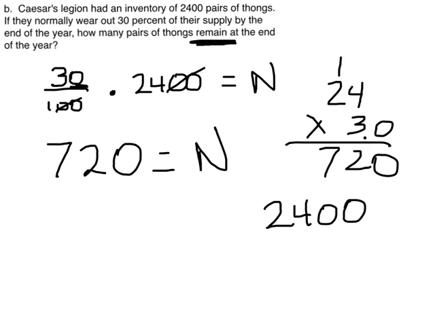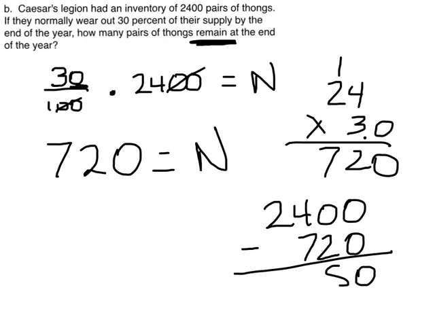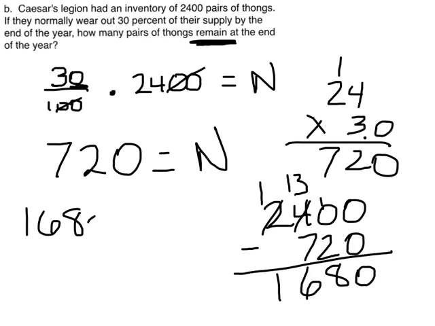If they had 2,400 and they wore out 30% of those, and 30% was 720, we can say that they have left 1,680, and that would be our final answer.